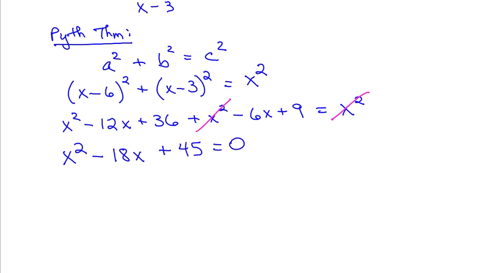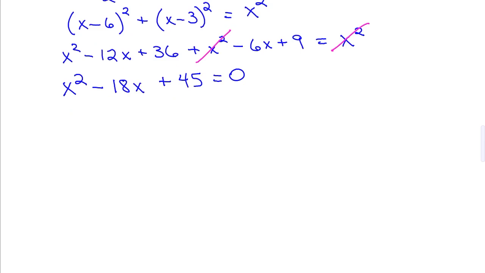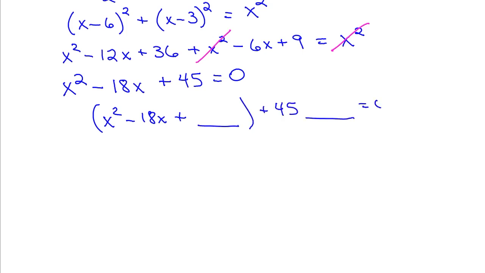For this problem, I'm going to use complete the square just to practice completing the square. So we'll write this as x squared minus 18x plus blank plus 45 minus blank equals 0. To complete the square, we take half of the b term. So that's 1/2 of 18, which is 9. And then 9 squared is 81.